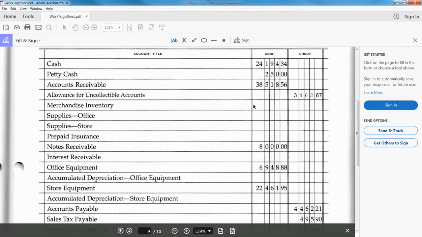Merchandise inventory is $96,471.25. Supplies office is $548.00.